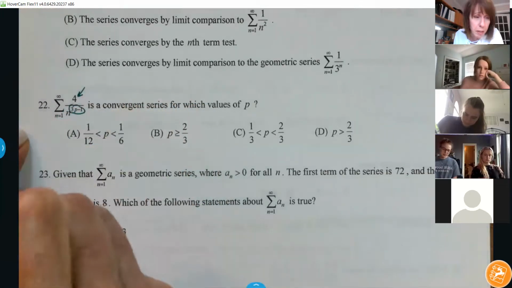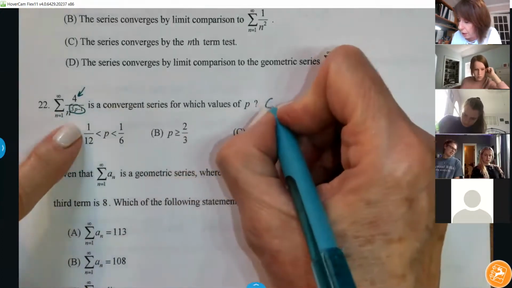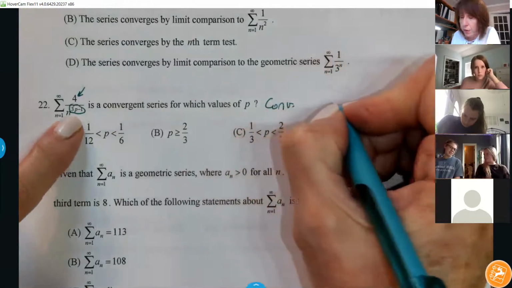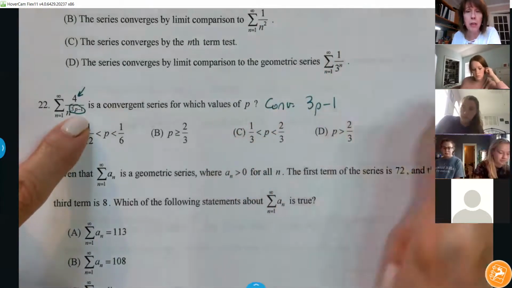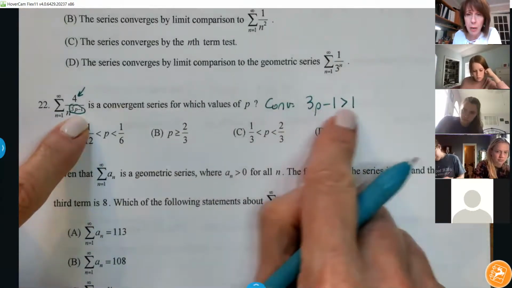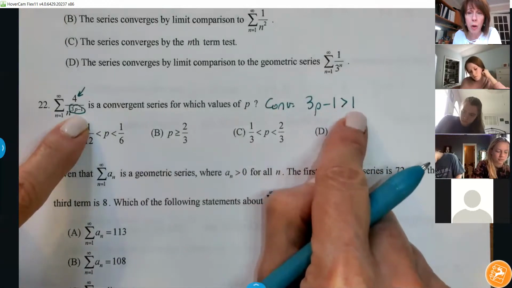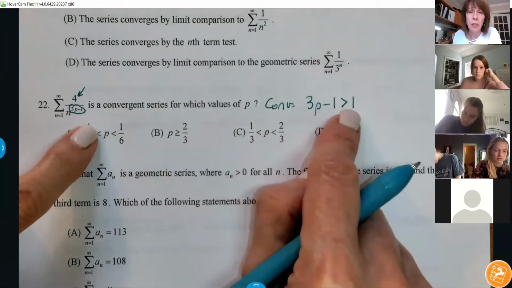which is a p-series. So we are going to converge whenever the exponent is bigger than 1. So I set up that little equation. The exponent bigger than 1 will make this converge. And now I just solve this little thing for p.